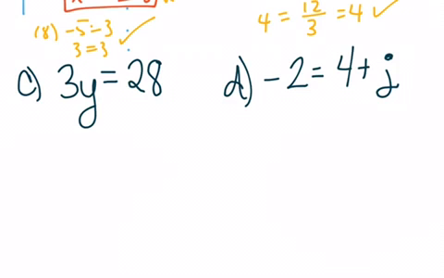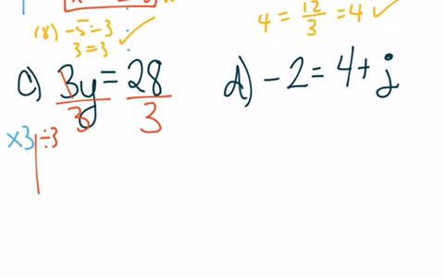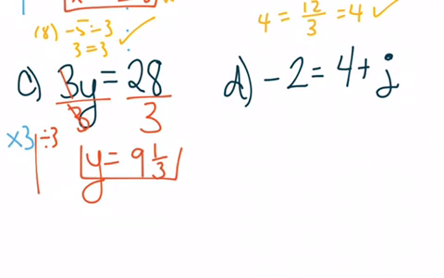Next. What's happening to the variable? Y is being multiplied by 3. What's the opposite of multiplying by 3? Dividing by 3, right? So divide both sides by 3. The 3s cancel each other out, and you're left with just y. 28 divided by 3 is 9 with a remainder of 1, so it's going to be 9 1/3.